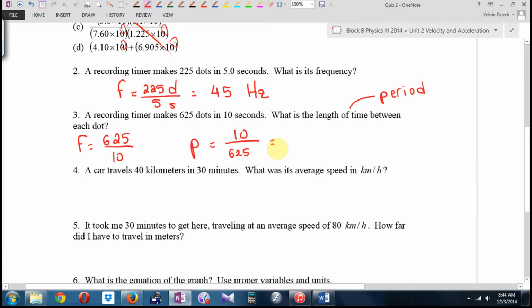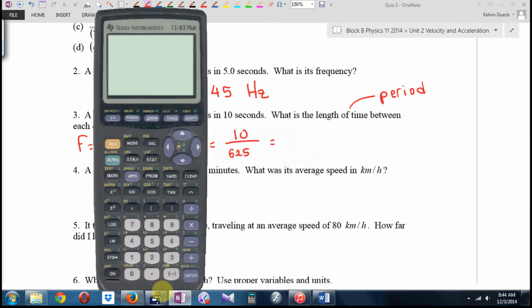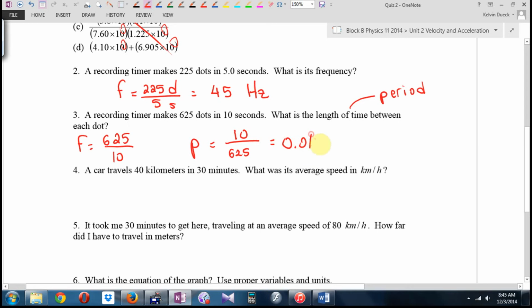If you know one, you know the other. 10 over 625 is going to be a pretty small decimal. Might work out to a nice decimal, though, I think. 0.016. Every dot occurs every 0.016 seconds, which is kind of a dumb measure, but I was just making up numbers, and that's in seconds.